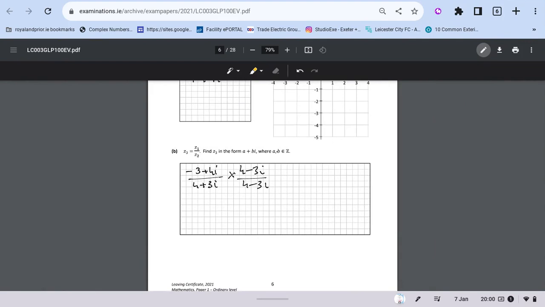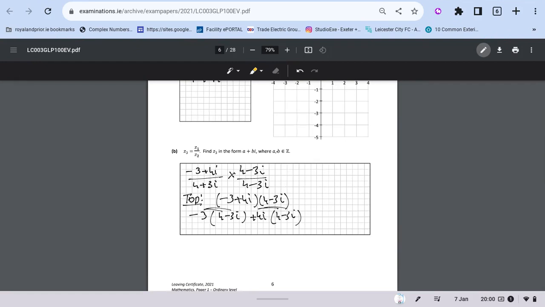Now you'll find it a lot easier filling this into your exam papers if you split it up for yourself. Put them both into brackets, and tidy it up.